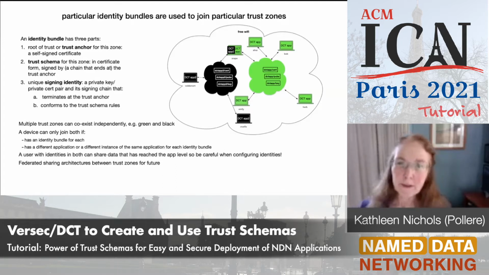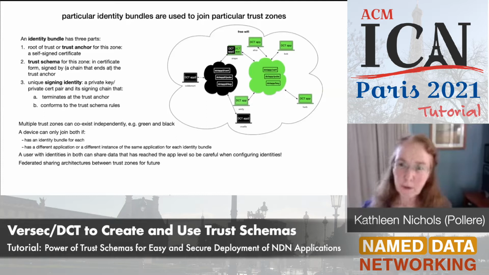Well, what's in the identity bundle? It has 3 main parts. It has the root of trust, or the trust anchor, and that's always in the form of a self-signed certificate. And then there's a trust schema for the zone, and that's in certificate form, and it's signed by a chain that ends at the trust anchor. And then there's a unique signing identity.